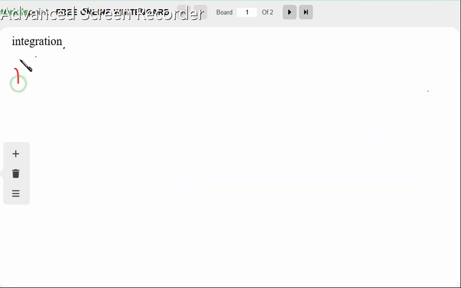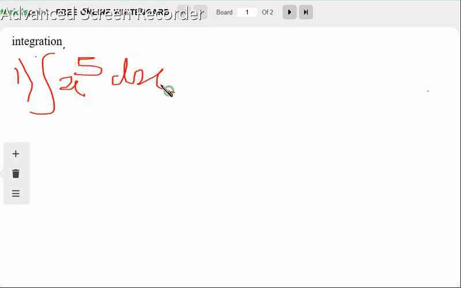Now, the first question says, for example, let us integrate x to the power 5 dx.